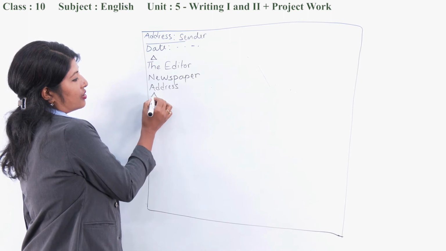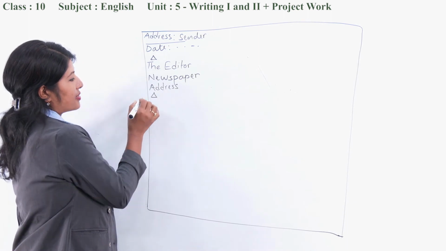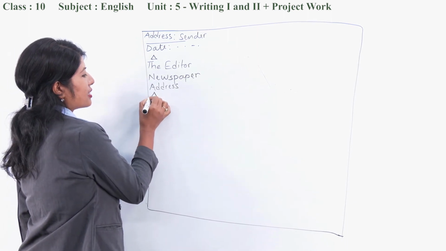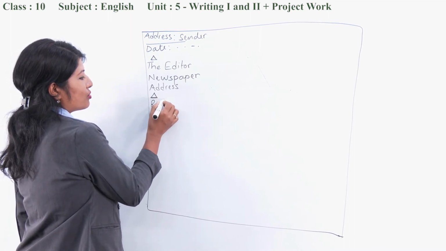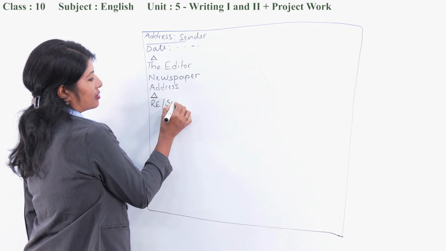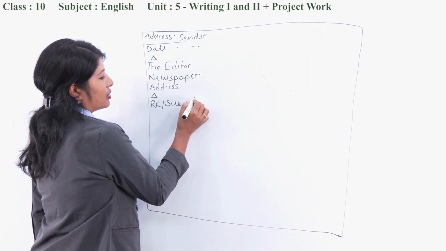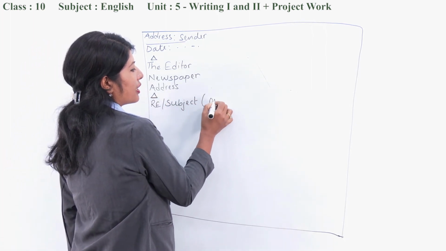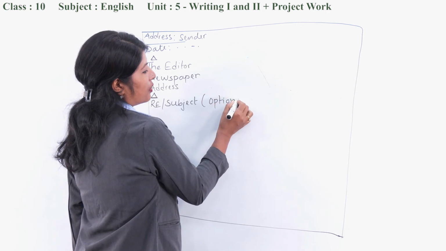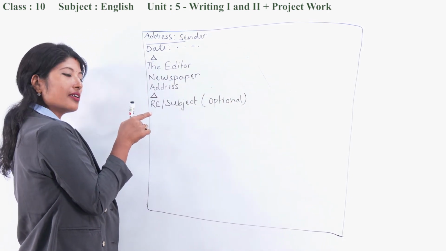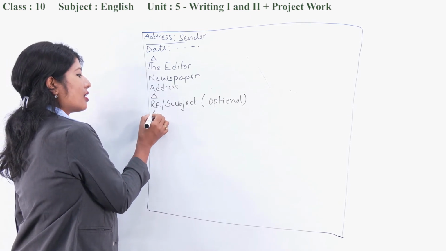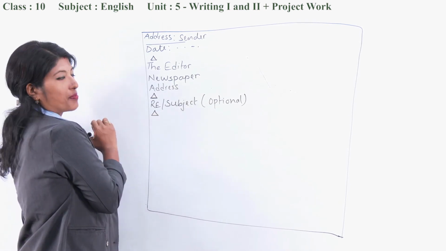Then again write one line space. Okay, leave a line space. After that, RE, refer to, or subject. This is optional, okay? Optional, as it is not mentioned in the example given there in the book. One line space.